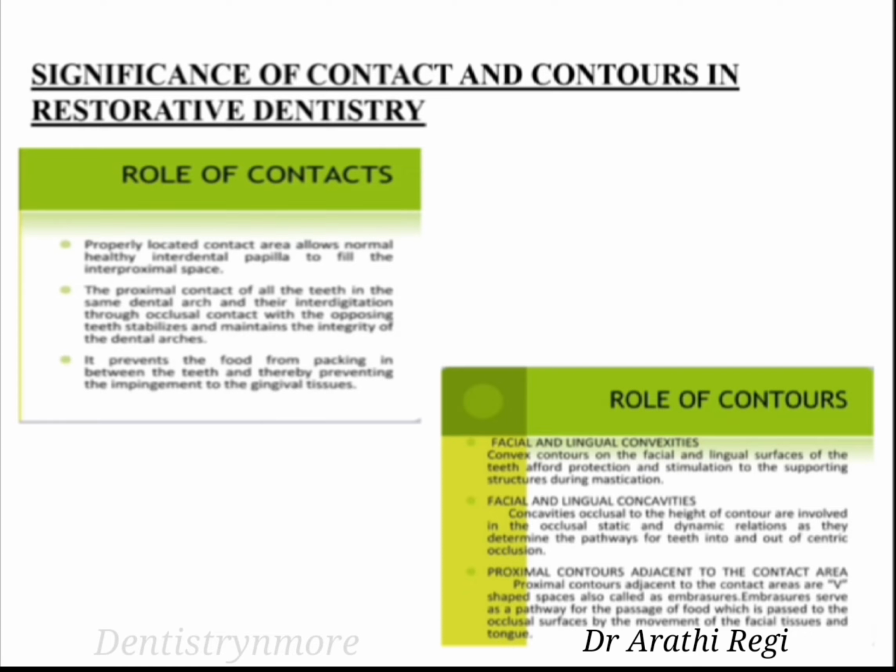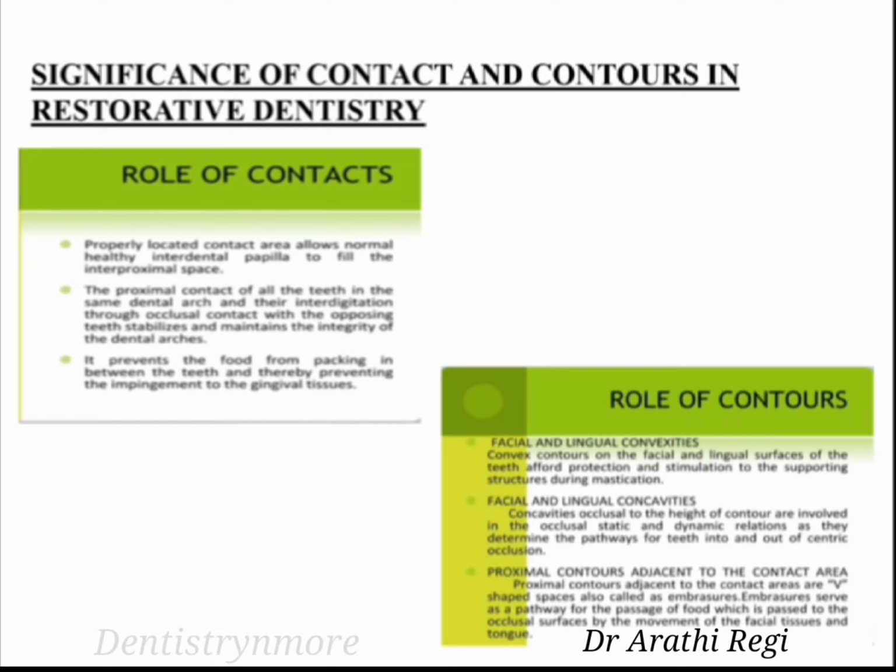Now we are moving to the next question, that is significance of contact and contours in restorative dentistry. The role of contact includes this: a properly located contact area allows normal healthy interdental papilla to fill the interproximal spaces, and the proximal contact of all the teeth in the same dental arch and their interdigitation through occlusal contact with the opposing teeth stabilizes and maintains the integrity of the dental arches.